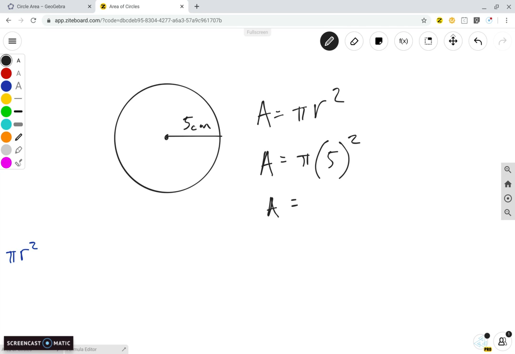So our area equals 5 squared is 25, and then times that pi. You can punch that out in a calculator, but it comes out to about 79, and our units would be square inches. Area is a two-dimensional measure, so that's squared on our units. And sorry about that, we were in centimeters, so centimeters squared.